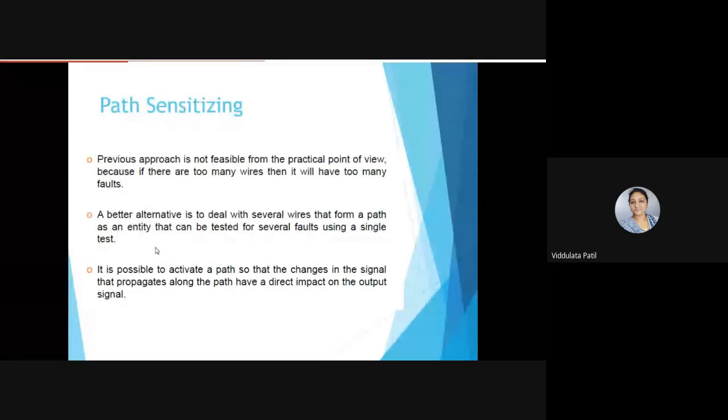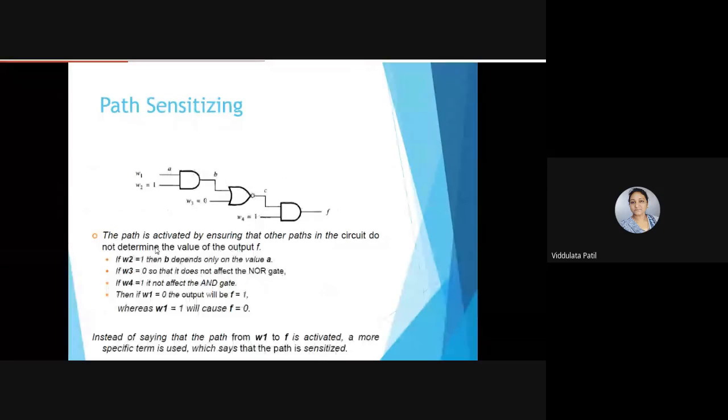Okay, so here we have one example. You can see there is one circuit. First of all, there is one AND gate which has two inputs, W1 and W2.